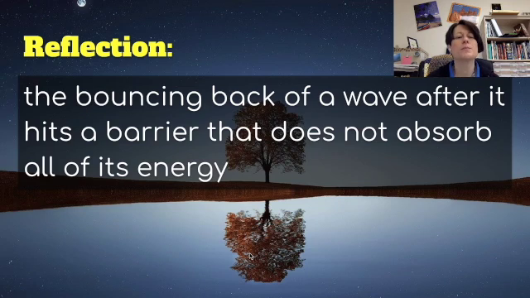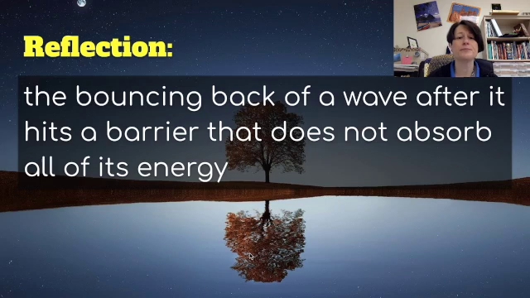So the first one, which is probably the most familiar to you, is reflection. This is the bouncing back of a wave after it hits a barrier that does not absorb all of its energy. Generally, what happens when a wave hits a barrier is it can be reflected, or it can be absorbed, or it can pass through.